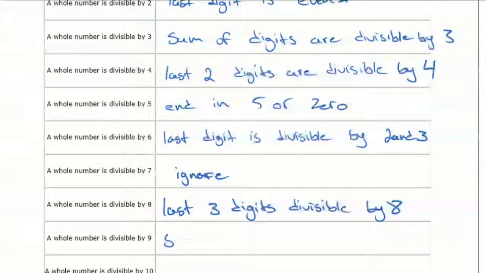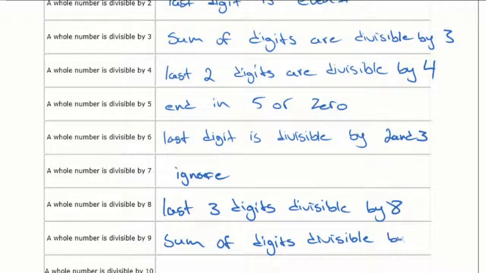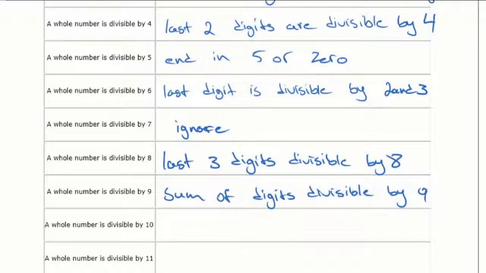Nine is kind of like 3, the sum of the digits divisible by 9. And 10, you guys probably know that one ends in 0. And 11, we're going to ignore as well because it doesn't have a fancy rule like the other ones. So there you go.